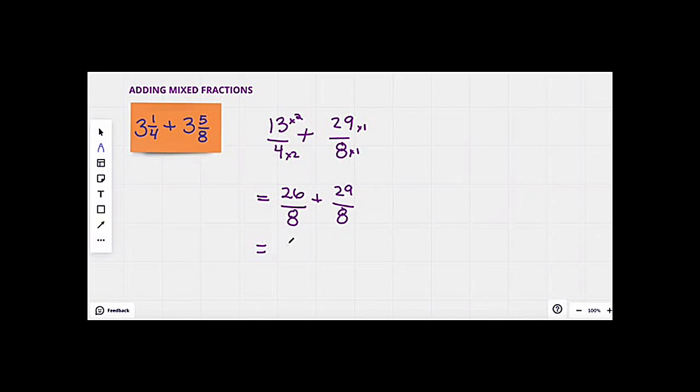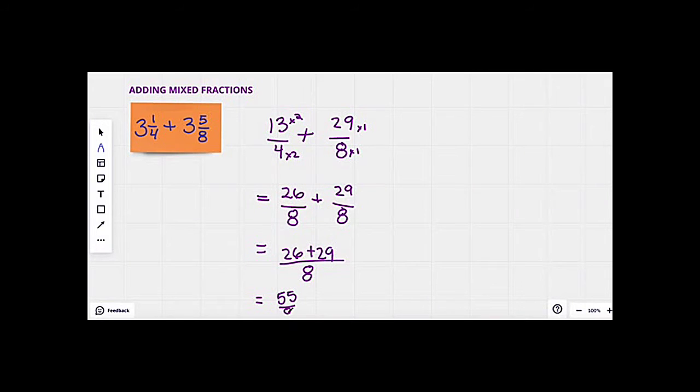Okay, so now we've got the same denominator on both of these fractions. So we can now put them both under 8, and we can add the top. We bring our 26 over here, plus our 29, and that gives us 55 over 8.